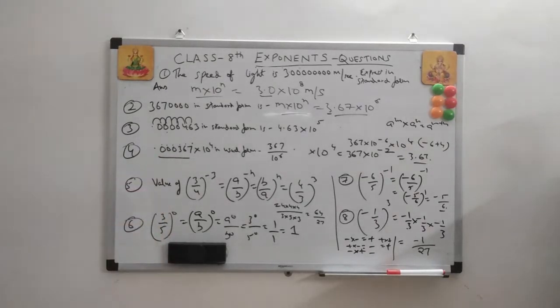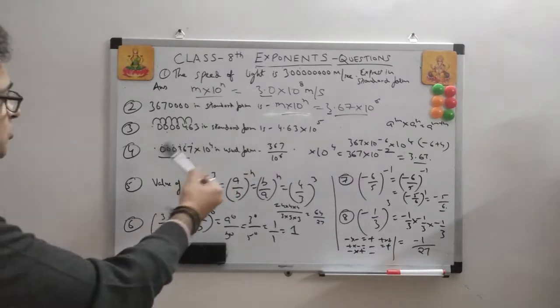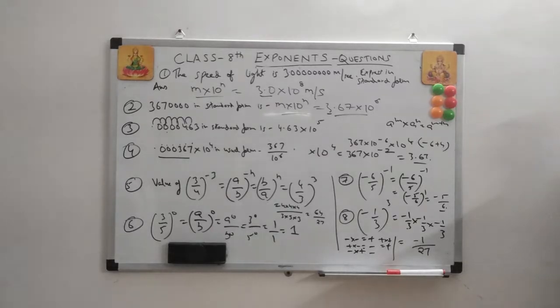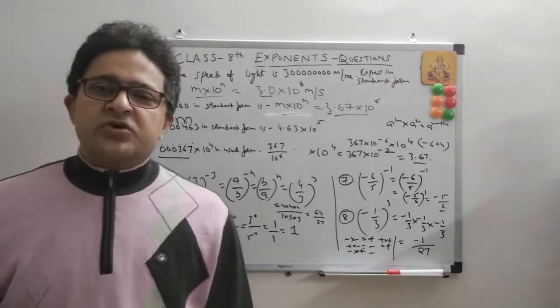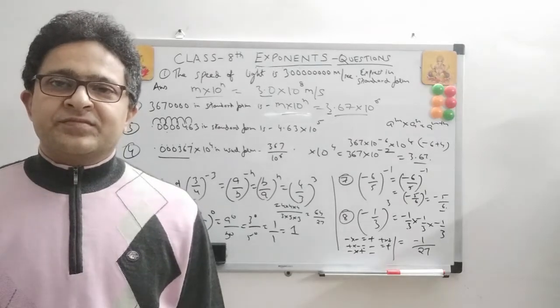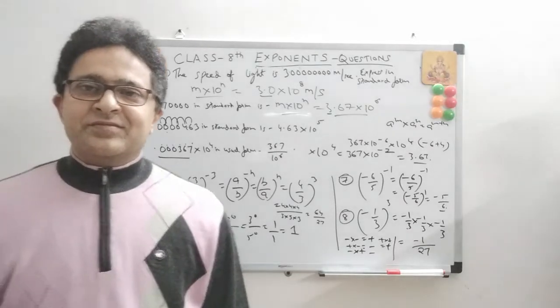These are the questions. You will be asked to convert the number into a standard form. It can also be a usual form, and then the rest will be some questions on the laws of the exponents. Fine. So let's do some more questions now.